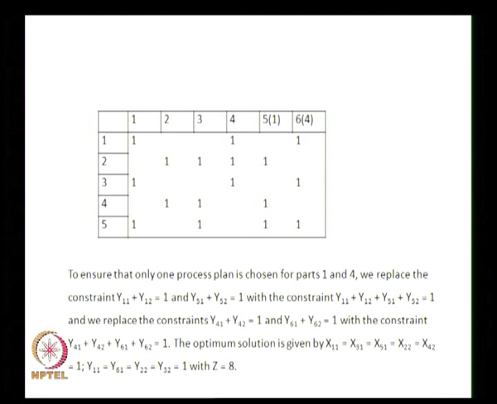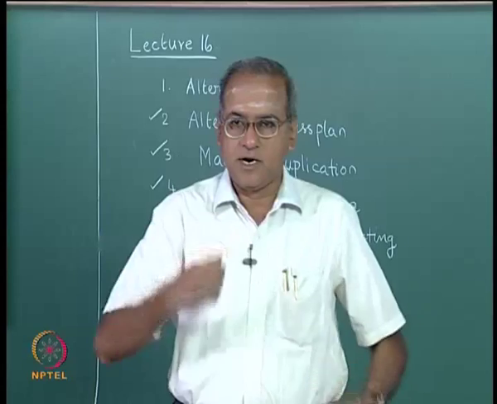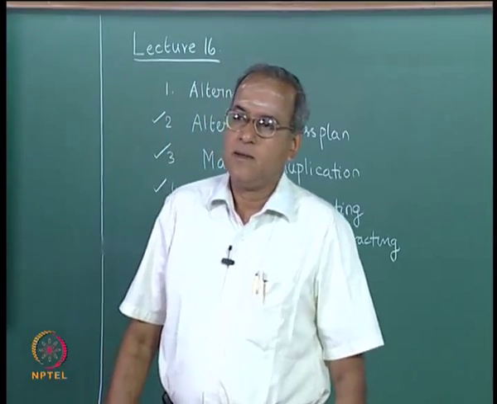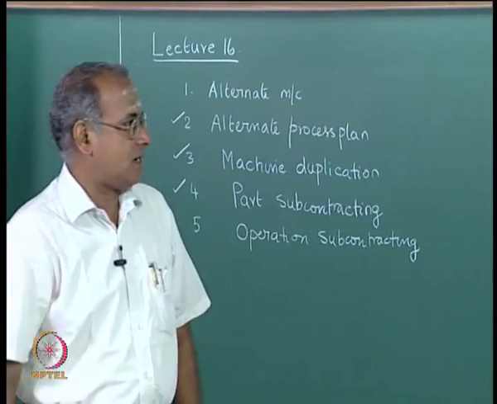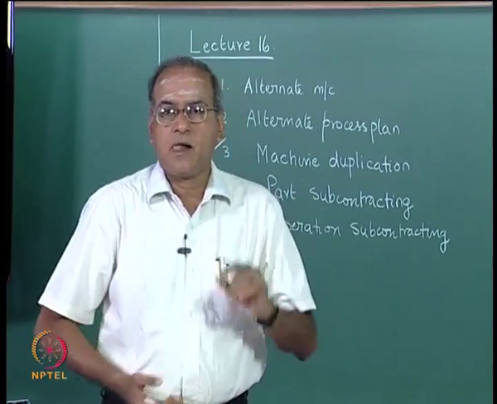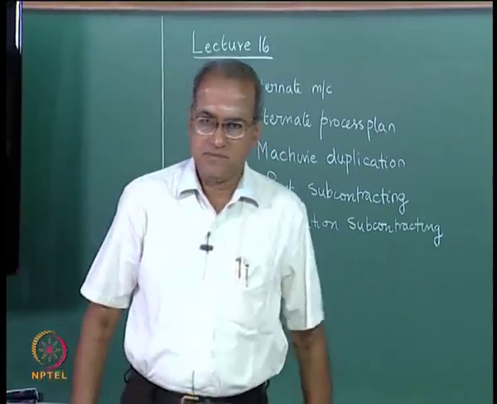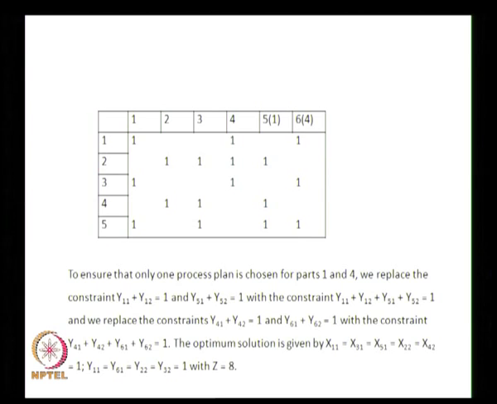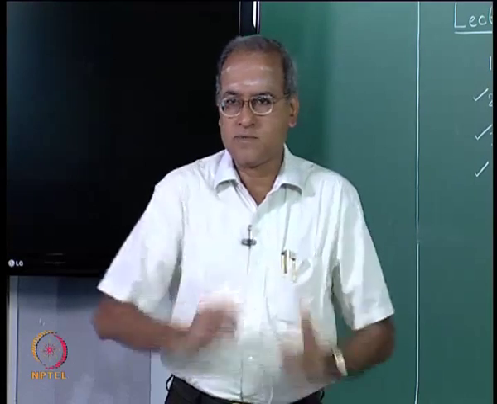So, now we want to group the machines and parts such that we minimize intercell moves, at the same time making sure that every part is assigned to a group based on one process plan. If we take these 6 parts, part numbers 2 and 3 have only one process plan, while part numbers 1 and 4 have 2 process plans.